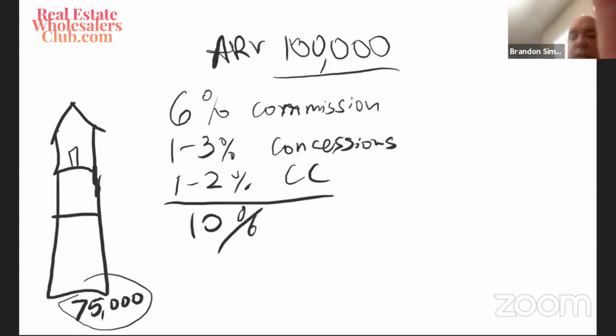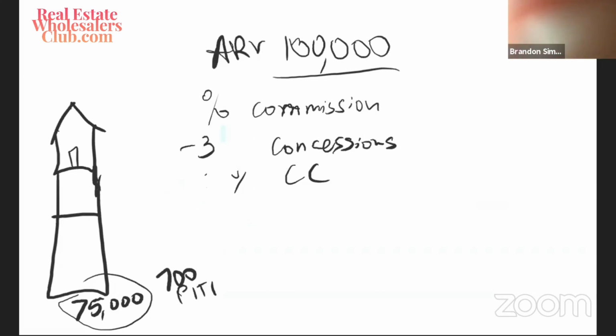So let's also say that on this type of deal, I want to just do the quick math so I'm not shooting you wrong here. 75. So on something like this, we'll say that the PITI is going to be around $700 a month.